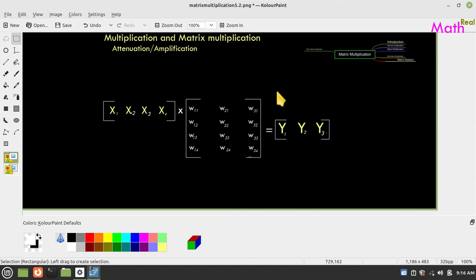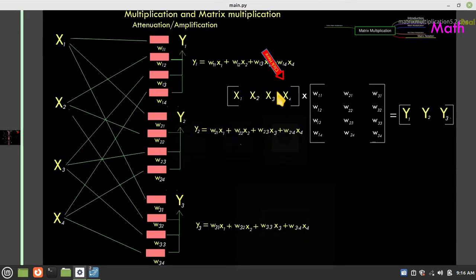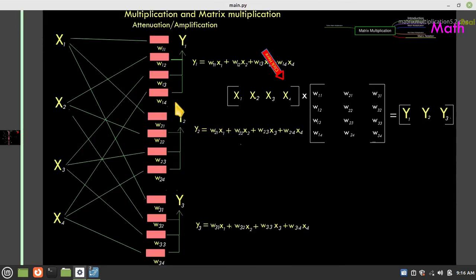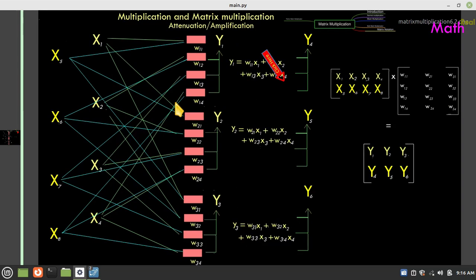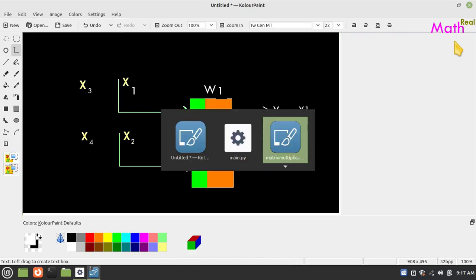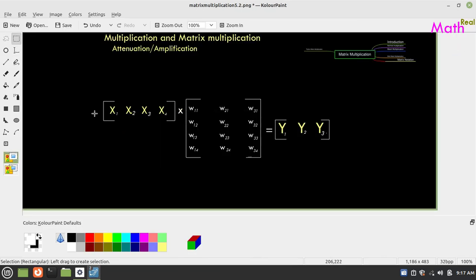Now for this kind of structure, where input is two different sets and output is two different sets, we can go for a simple matrix like this.